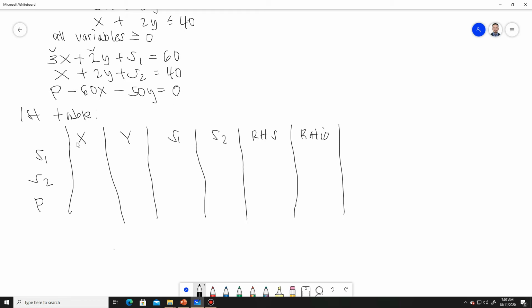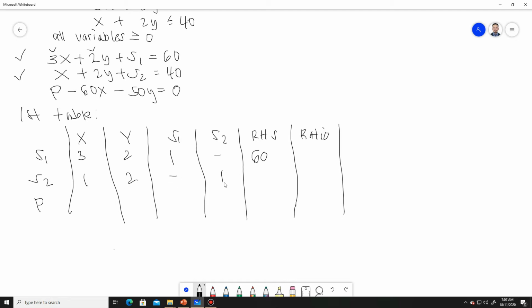So, for S sub 1, the first constraint, we put the coefficients. In X, we have 3. In Y, 2. In S sub 1, 1. We have no S sub 2. Right-hand side, 60. For our second constraint, we have 1 in X, 2 in Y. We have no S sub 1.